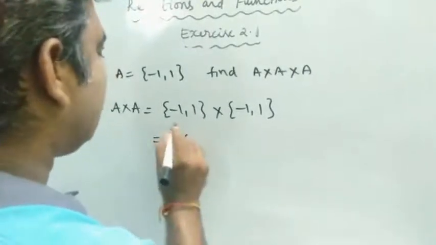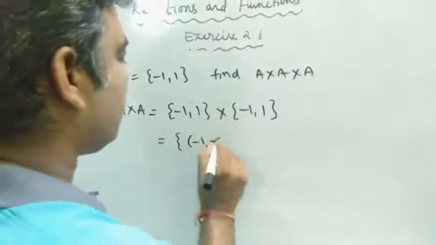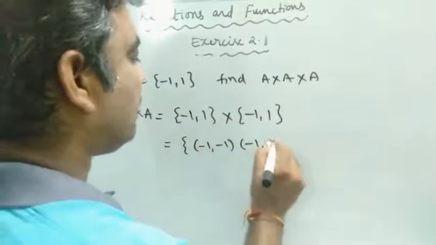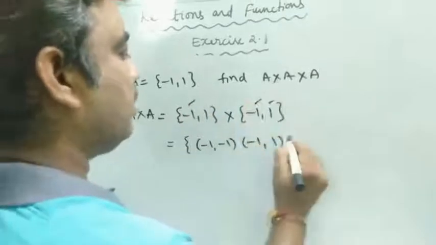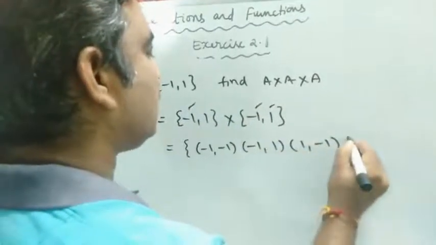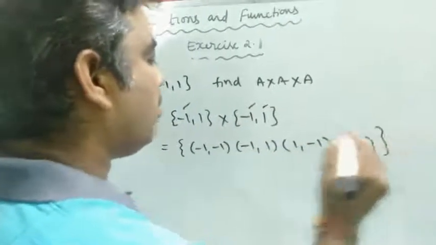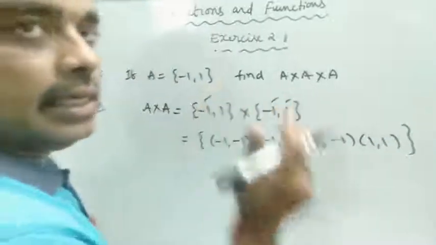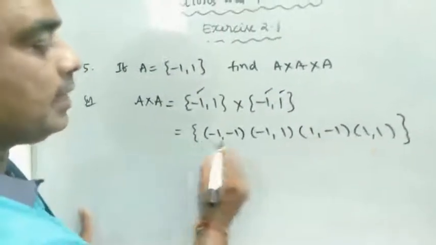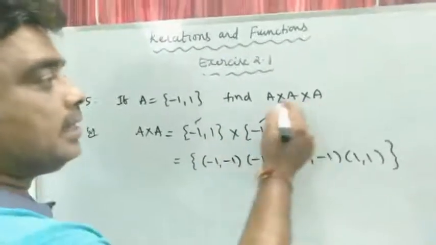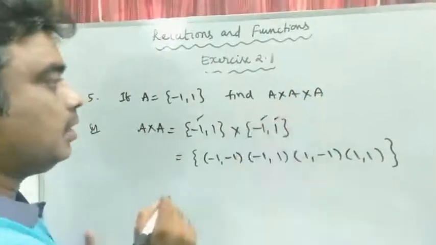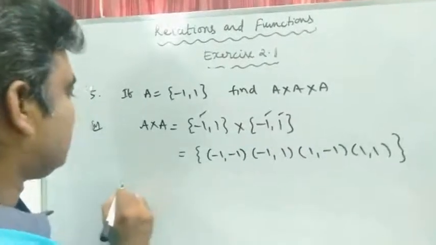So the set contains the ordered pairs (-1, -1), (-1, 1), (1, -1), (1, 1). These are called ordered pairs, that means two elements. But this is a triplet, there exist three elements.